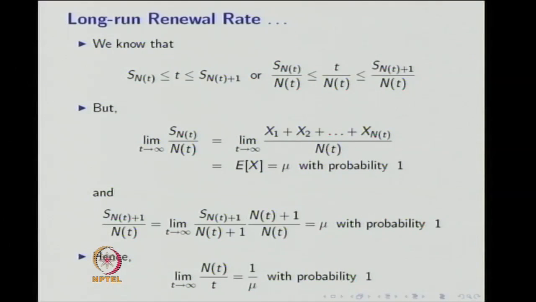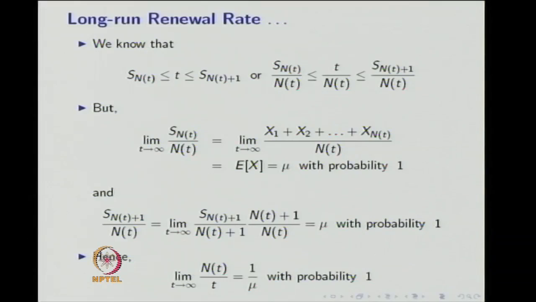You can divide by N(t). Therefore, S_{N(t)} divided by N(t) is less than or equal to t divided by N(t), that is less than or equal to S_{N(t)+1} divided by N(t).